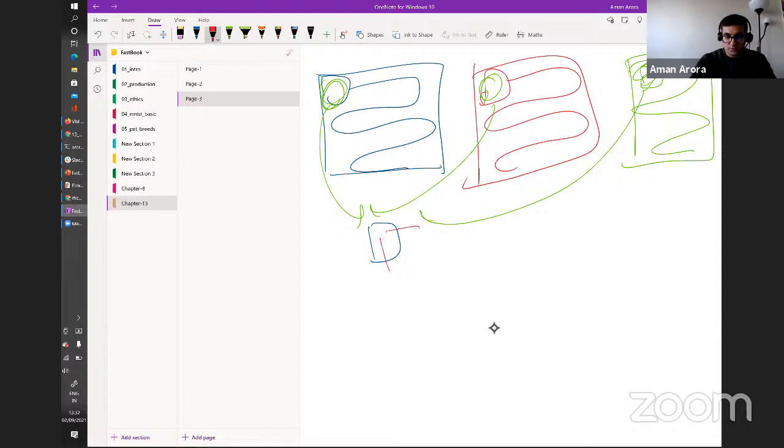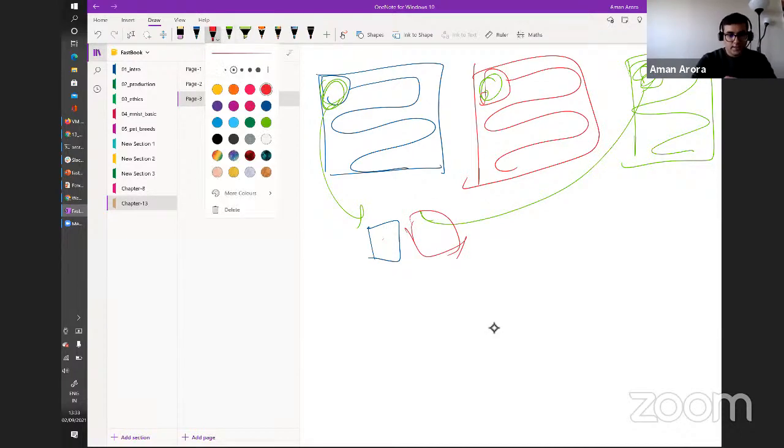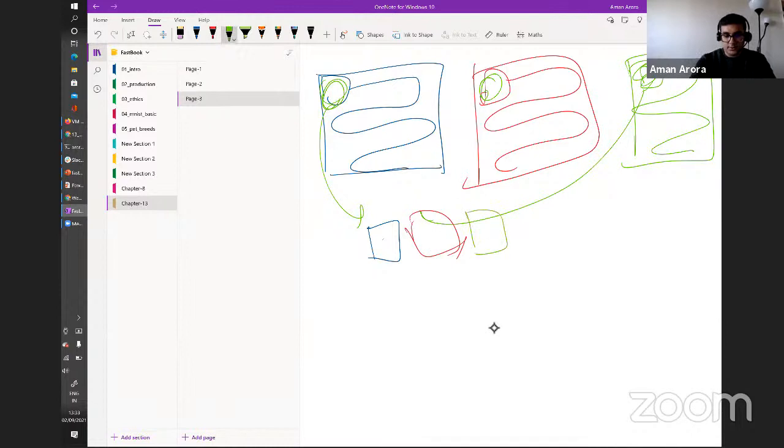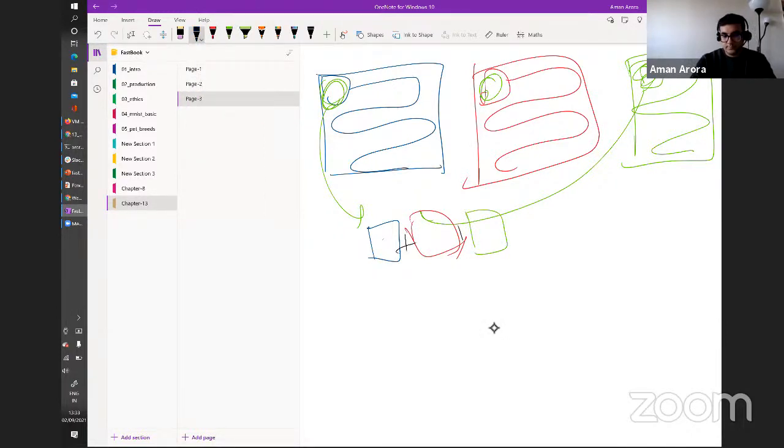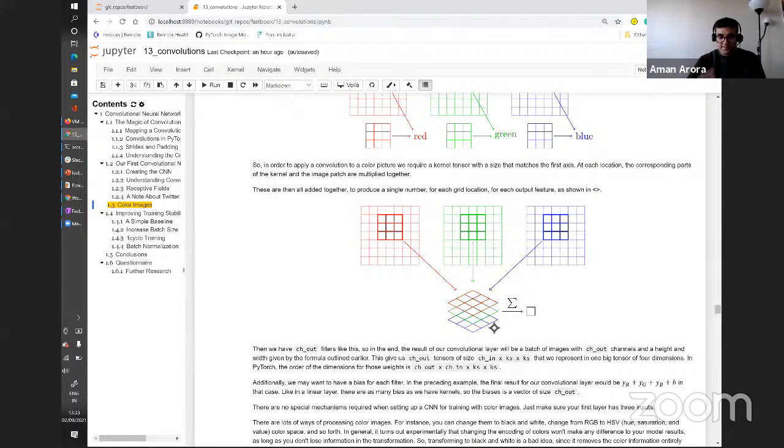This one is going to give me a smaller red feature map. Blue, red, green. And you basically just add them up to get your final output. So that's how this thing works.